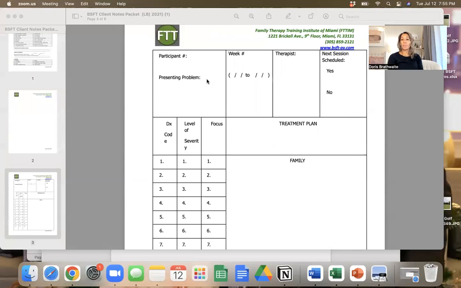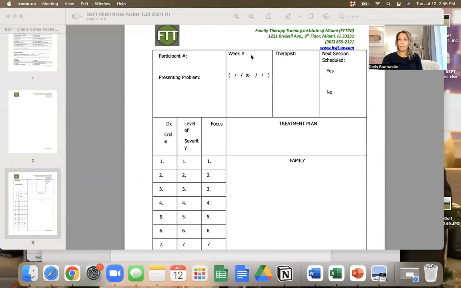So let's use my site for an example. The presenting problem could be theft, runaway, truancy, right? Things of that nature. It's not, he didn't do his homework this week. This presenting problem will remain the same from the beginning to the end.